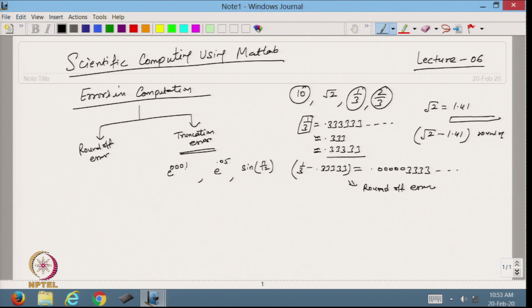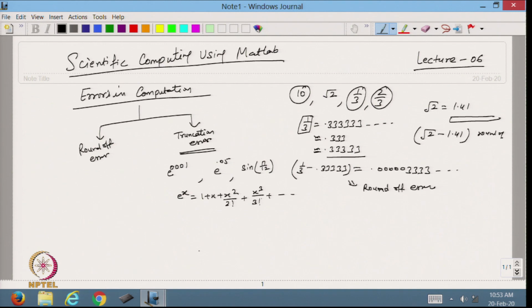In this case I know that I have an exponential series: 1 plus x plus x square by 2 factorial plus x cube by 3 factorial and so on.